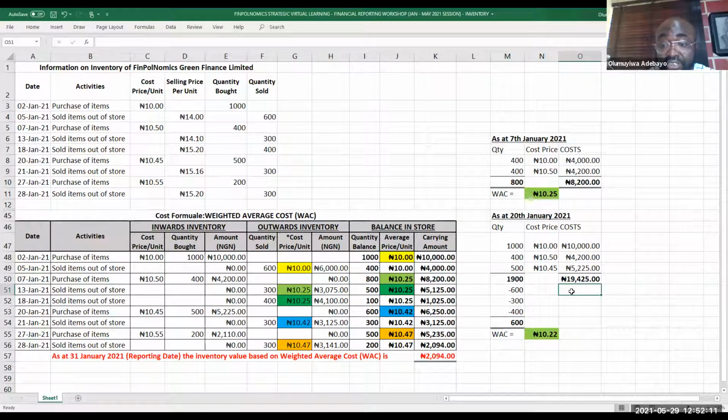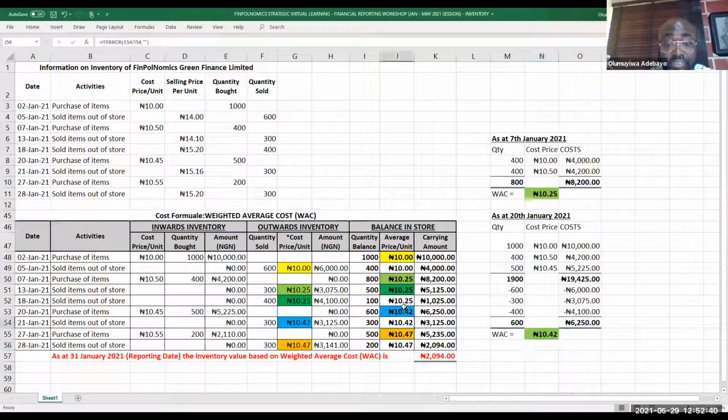Now, what is the value of what you have sold out? Remember, when we sold this out, it was 6,000, have you? Yes. When we sold this out, it was this. And when we sold this out, it was this, have you? Yes. At the end of the day, what is left? Therefore, what is the price here? The weighted average.